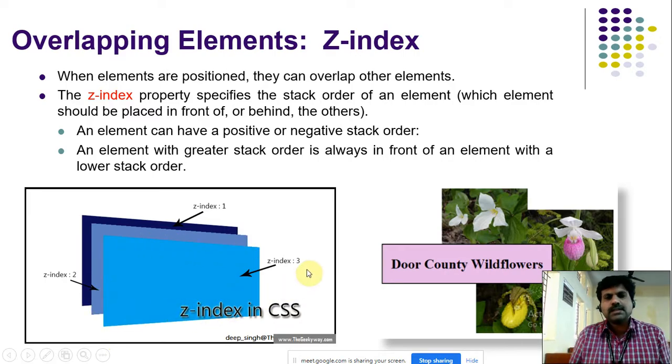So Z index controls the order in which elements are displayed on the Z axis, so that you can choose which element to show in the front and which in the background.